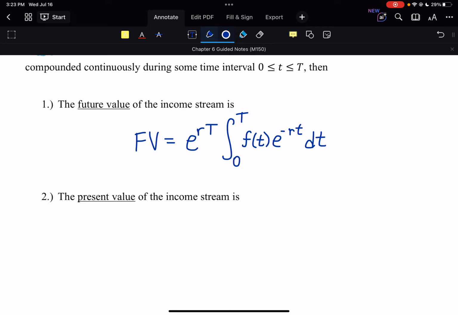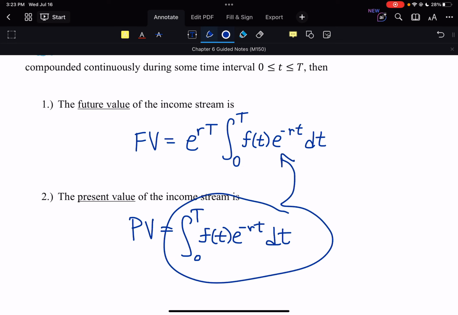And present value is just going to be the integral from 0 to T of f of t e to the negative rt dt. So you can see that the present value formula lies within the future value formula.